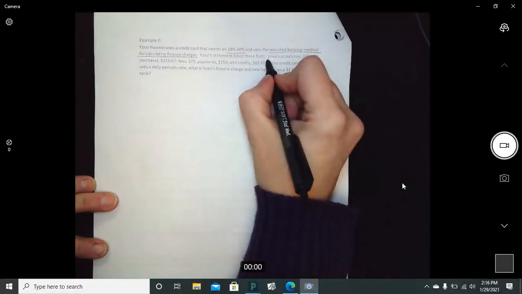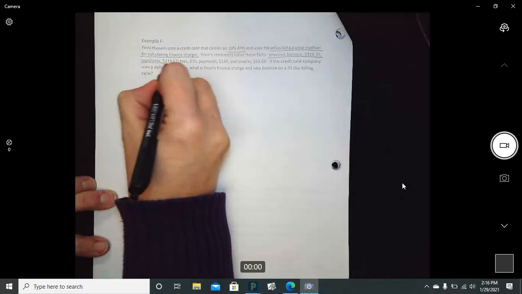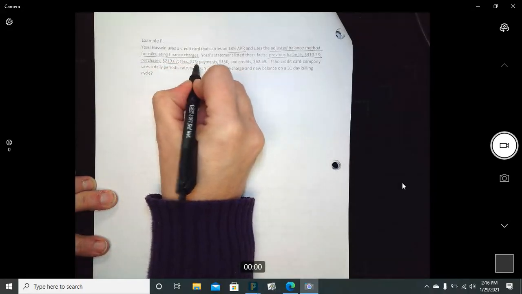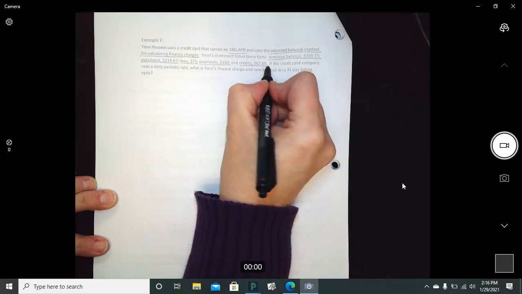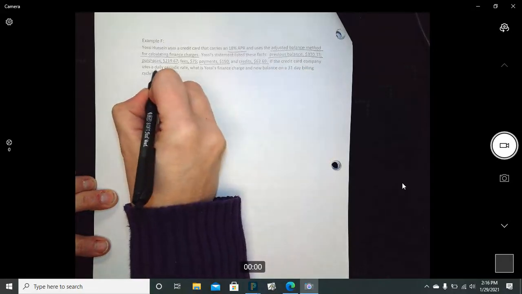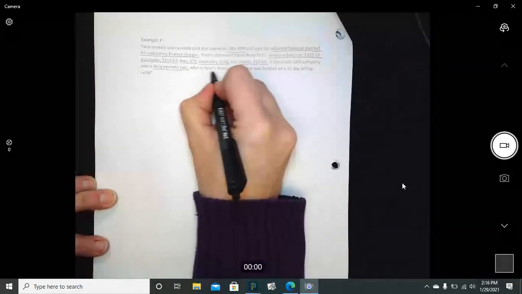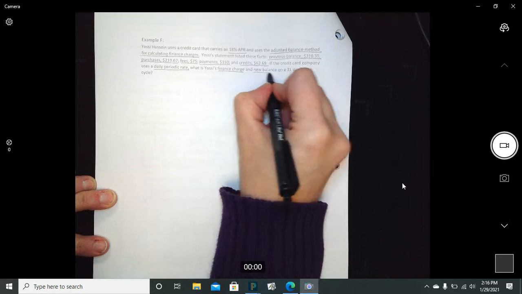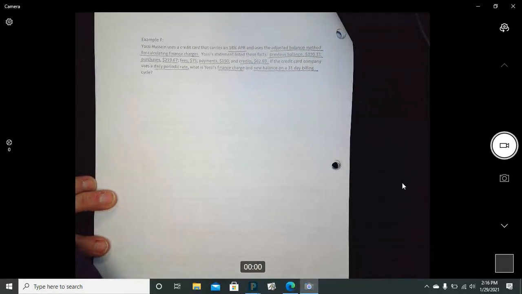Statement facts: previous balance, purchases, fees, payments, and credits. They are using the daily periodic rate, and they want to know the finance charge and new balance on a 31-day billing cycle.